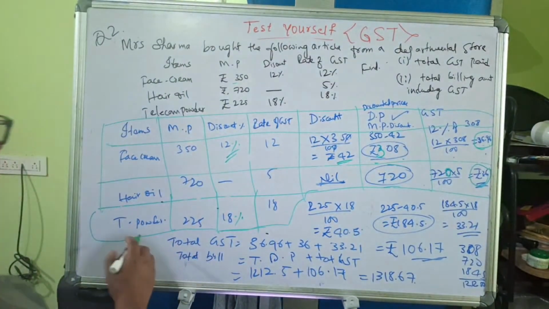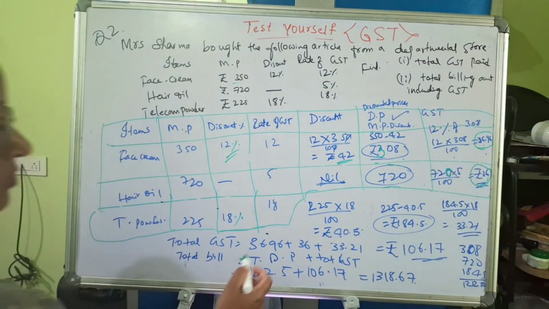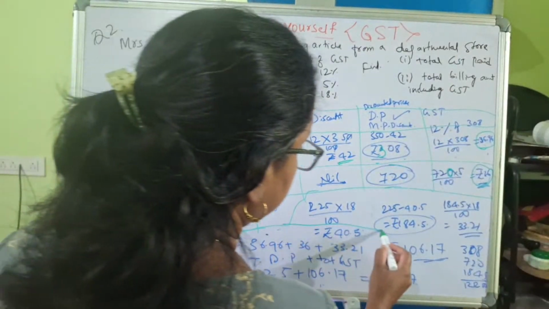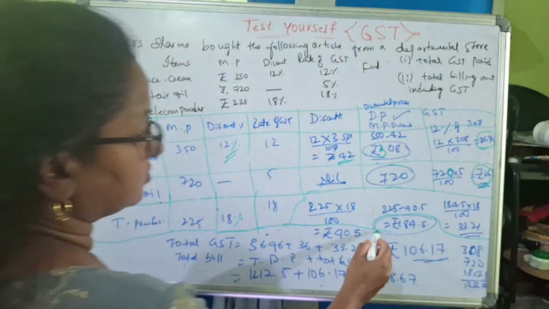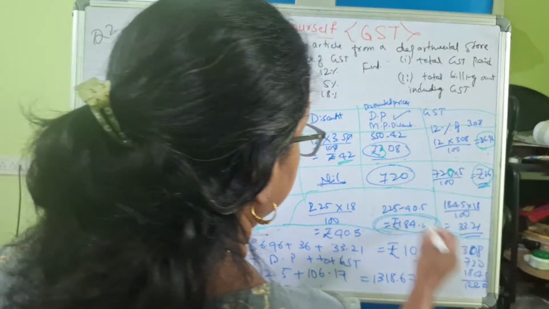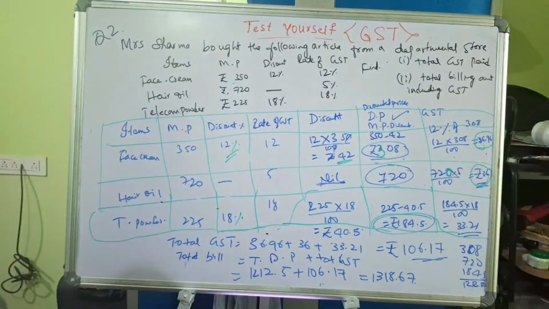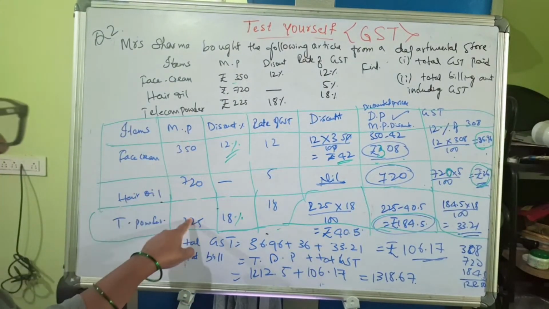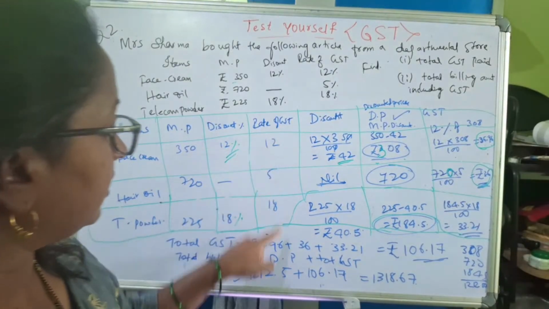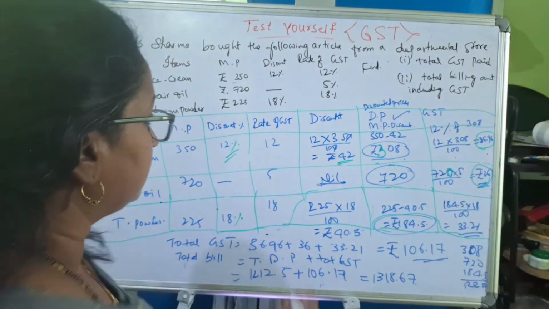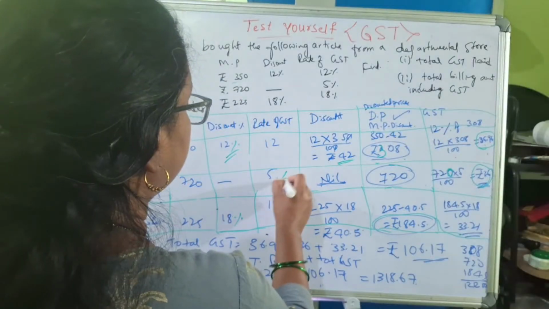And finally, for the talcum powder, here the market price is 225, discount is 18%, rate of GST is also 18%.